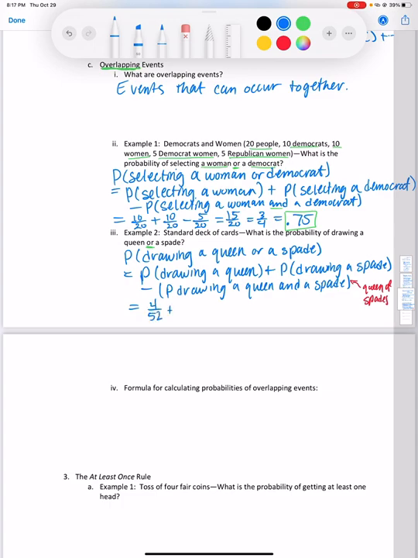We're going to add that to spades. There are 13 spades out of 52 cards. Then we're going to subtract off the queen of spades because that's the one card that's double counted. So we'll subtract off that one double counted case. And what we get is we get 16 out of 52. 4 and 13 is 17, minus 1 is 16, which is equal to 4/13, which we know is about equal to 0.31.